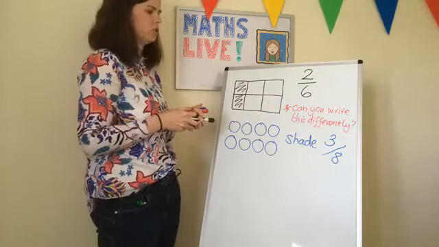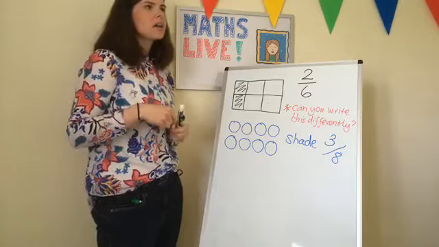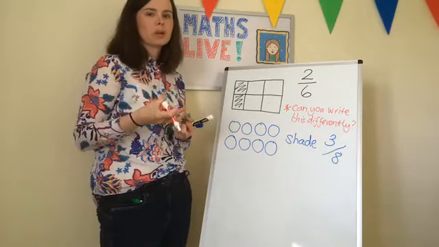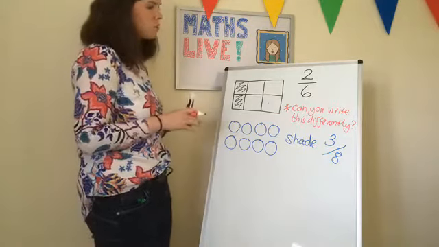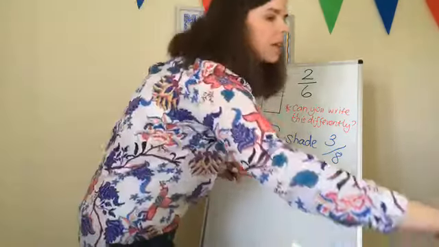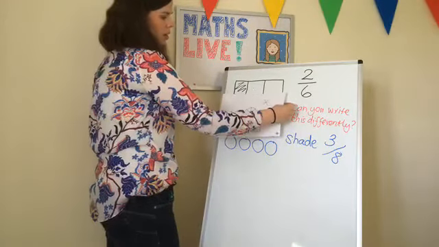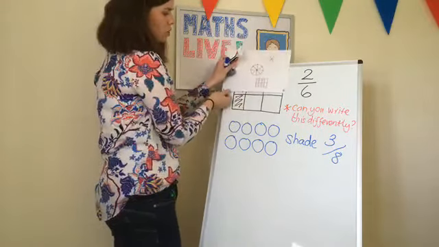And my challenge question was, can you write this differently? That's going on to simplifying fractions, which we're going to do later in the week, but I just wanted to challenge those in year 5 and year 6 that were watching. If you watch carefully, if I half this shape, can you see that it's the same on the top as it is on the bottom?